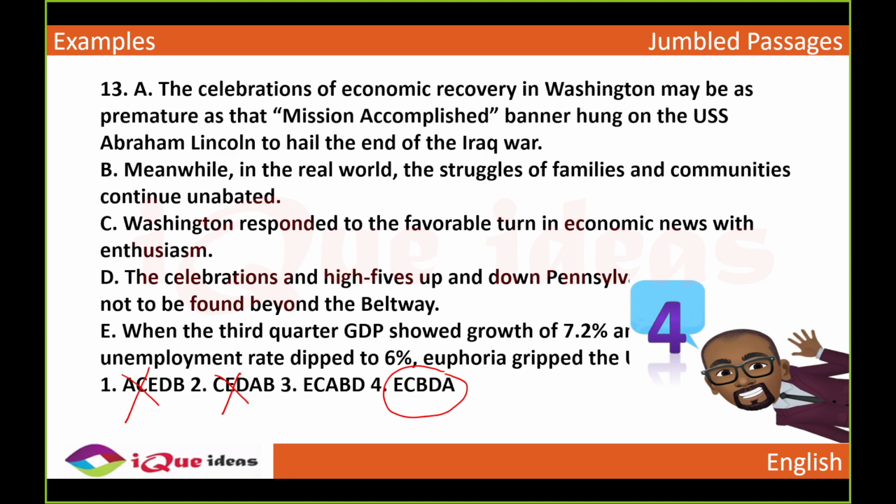ECABD is not wrong, but ECBDA makes it slightly better because you give specific examples of good news, you give specific examples of bad news, and then you give a general conclusion. If ECBDA was not an option, तो ECABD के साथ भी मैं चला लेता.